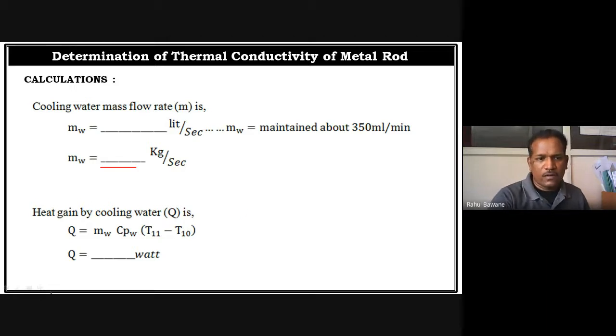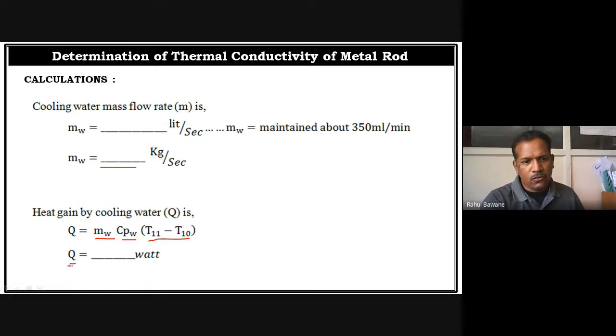Here, to calculate Q, we are not taking V into I, we are calculating Q equal to m Cp delta T. Mass flow rate of water we know, kg per second. Cp of water is the standard value, and temperature rise in cooling water is T11 minus T10. So this gives us the exact heat flow rate through this rod.